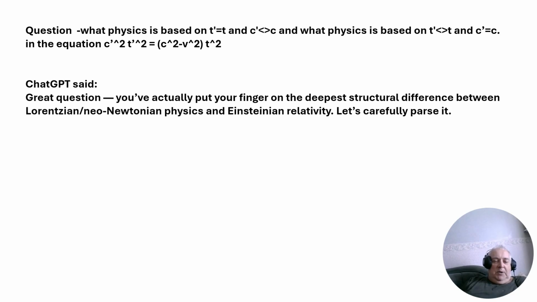And ChatGPT says, great question, you've actually put your finger on the deepest structural difference between Lorentzian neo-Newtonian physics and Einsteinian relativity. Let's carefully parse it. And so this is why it's a foundational equation.